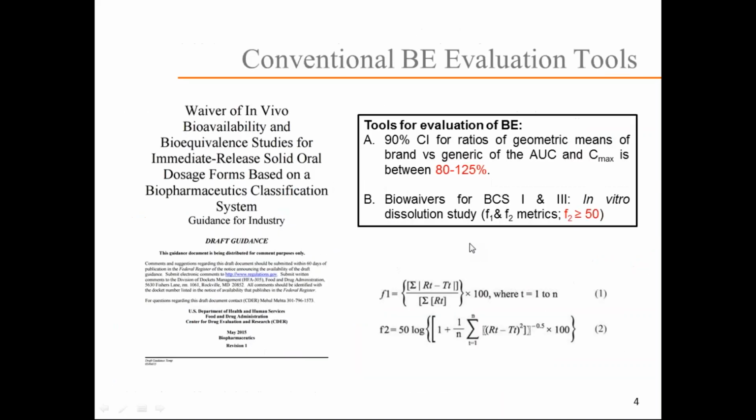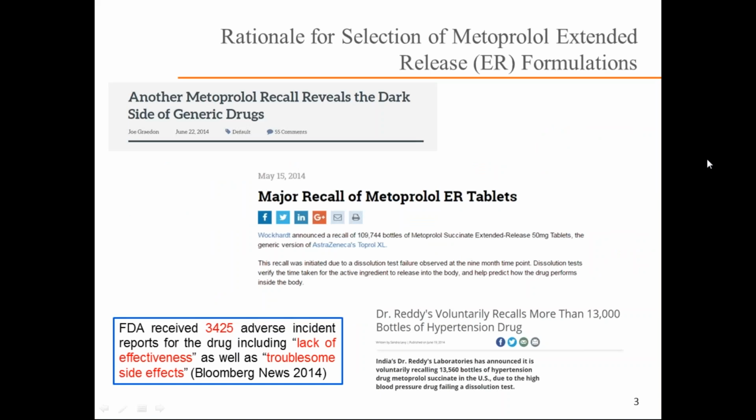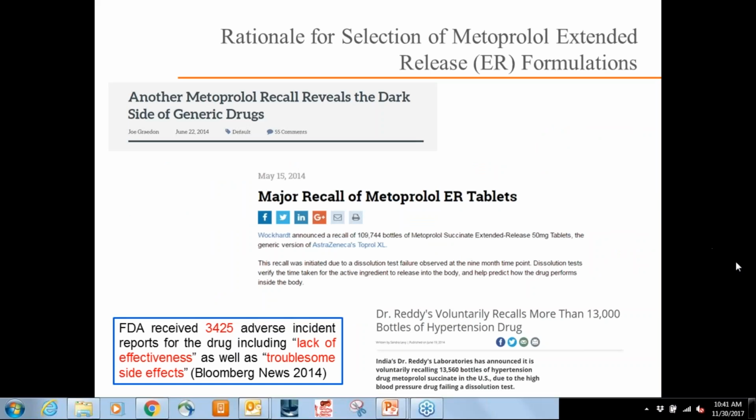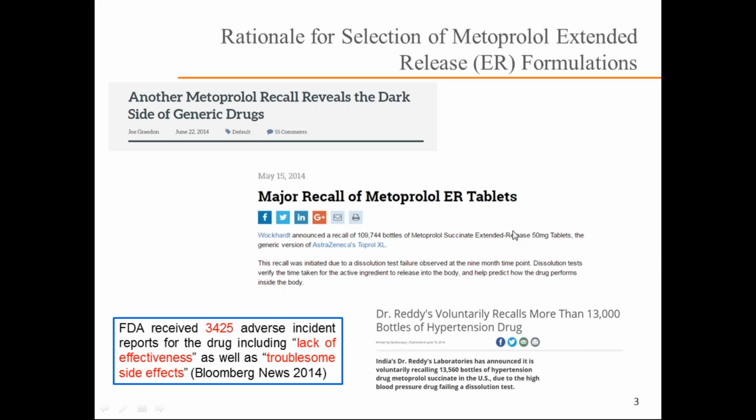I would like to show why we took metoprolol as an example. We received reports from the US FDA that they had over 3,000 adverse incident reports for this drug, showing a lack of effectiveness as well as some troublesome side effects.